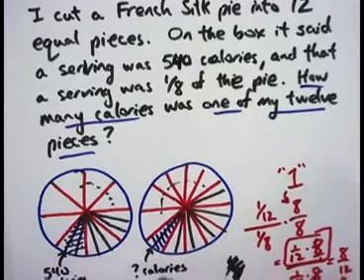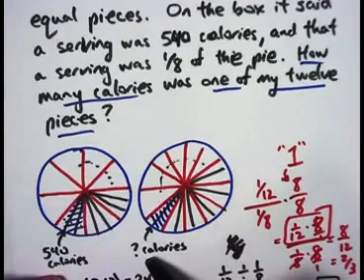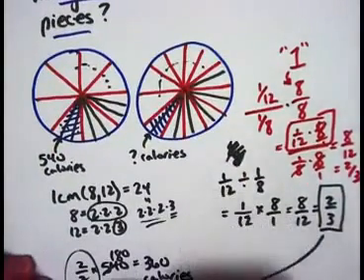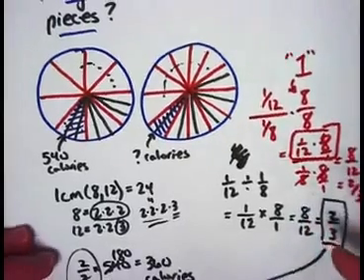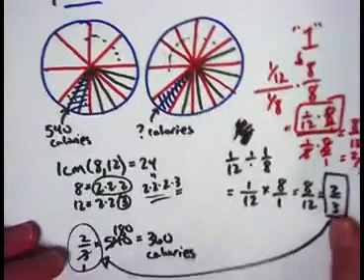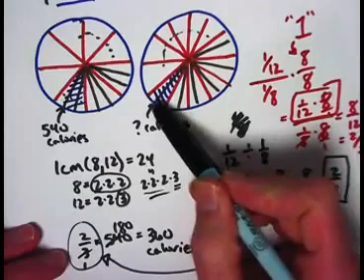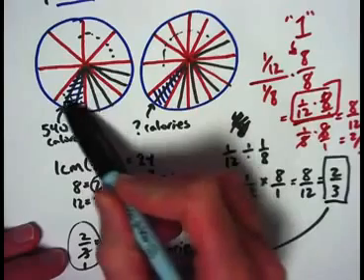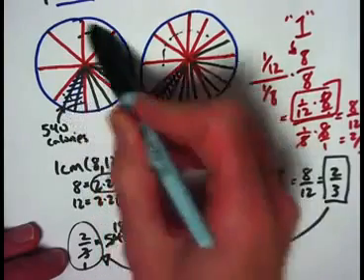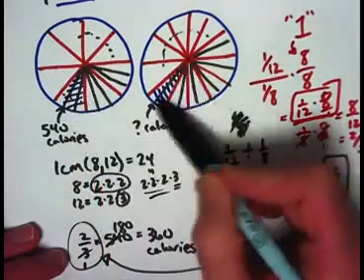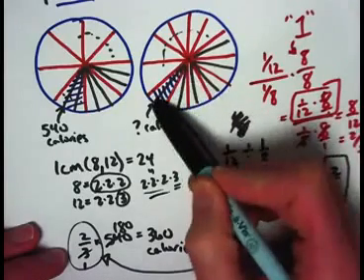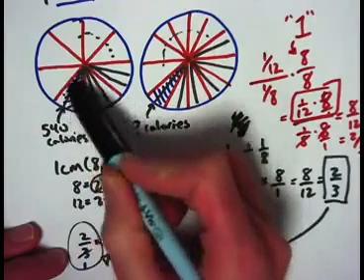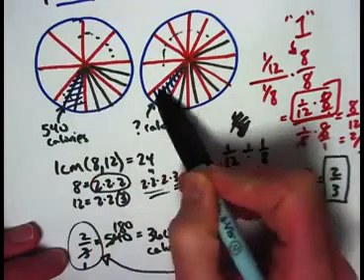Essentially, to figure out the number of calories for the smaller pieces that are 1/12 of the pie, I was, by the picture, trying to justify that the answer is 2/3 of the pie, and ultimately 360 calories, because I could break each of these pieces up into 2 pieces for 24 small pieces total, and each of these pieces into 3 pieces for 24 small pieces total, to see that my piece that was 1/12 of the pie is 2 of those smaller pieces, whereas this piece, which was 1/8 of the pie, was 3 of those smaller pieces, and therefore this one was 2/3 of this one.